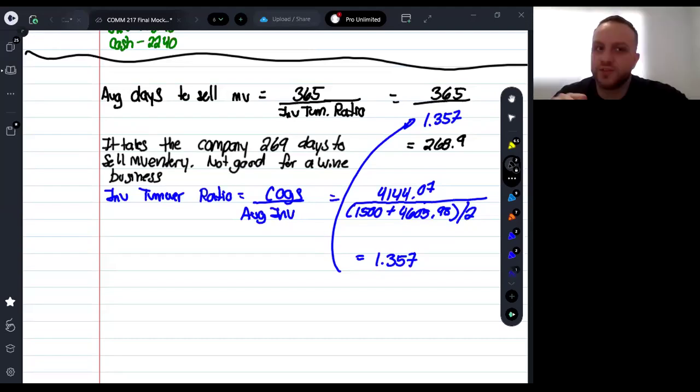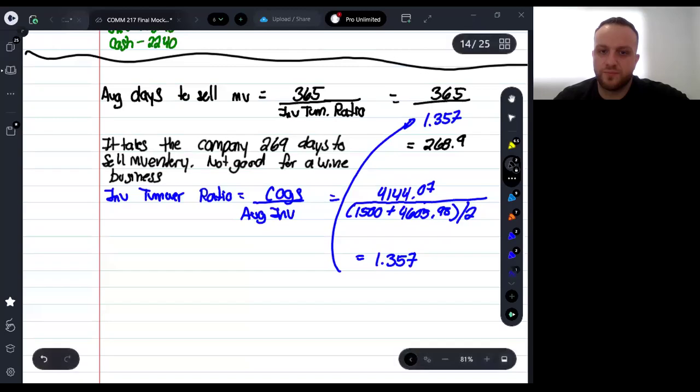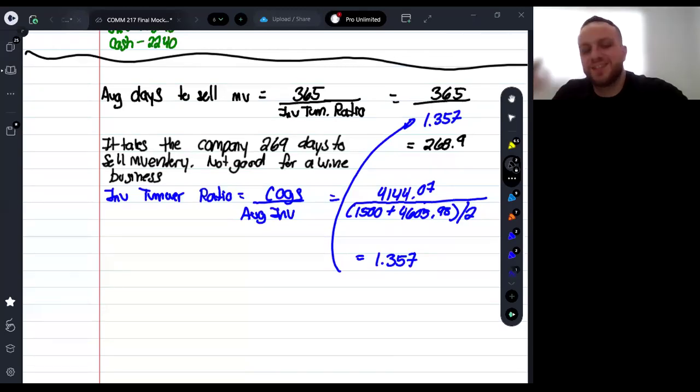But for a wine business, no good. I forgot, but what does the inventory turnover tell us? Basically how many times you're selling stuff relative to inventory. So you're basically selling 1.35 times your inventory. Okay.